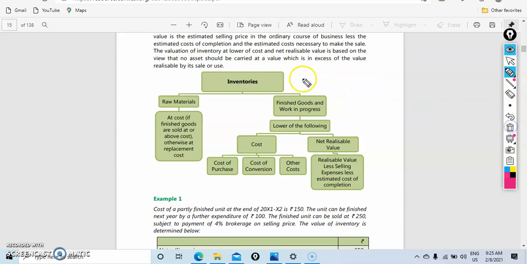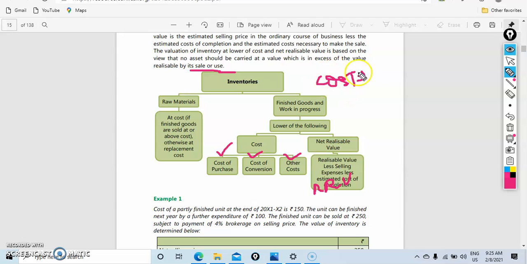For this, we need to know what a cost is and what an NRV is. Cost means all the cost incurred to make the goods ready to sell, in a simple sentence. That is purchase, conversion, and other costs necessary for the sale, not after sale, before sale, up to the point it's ready to use.